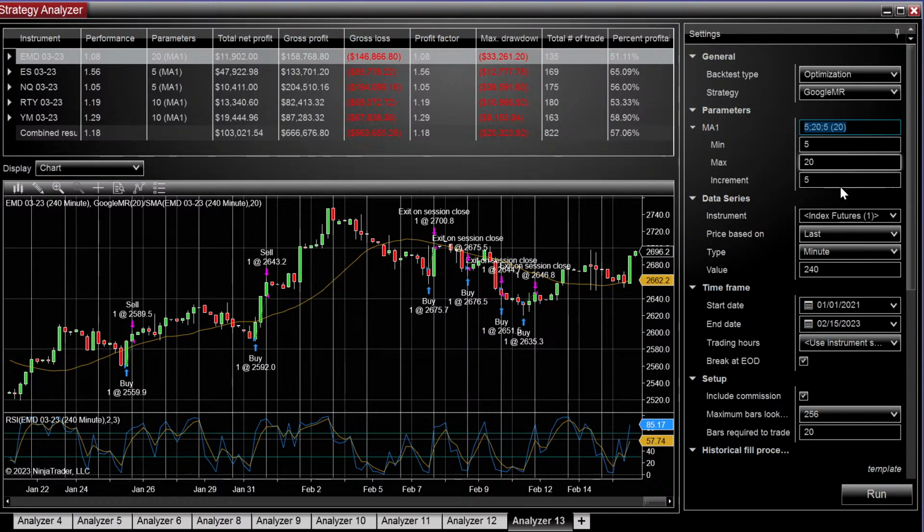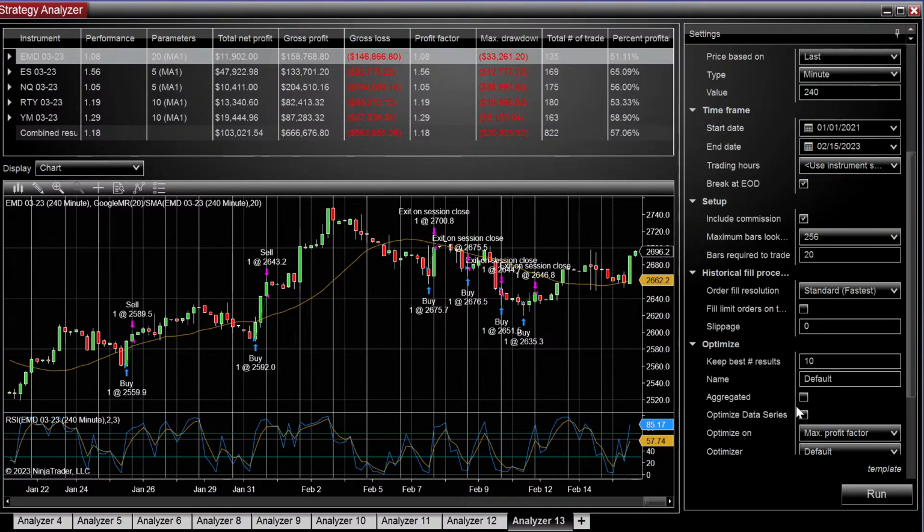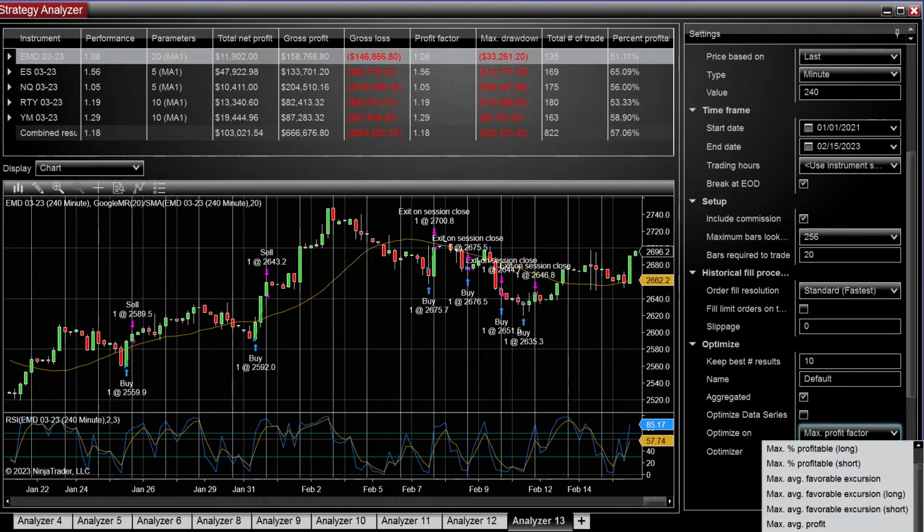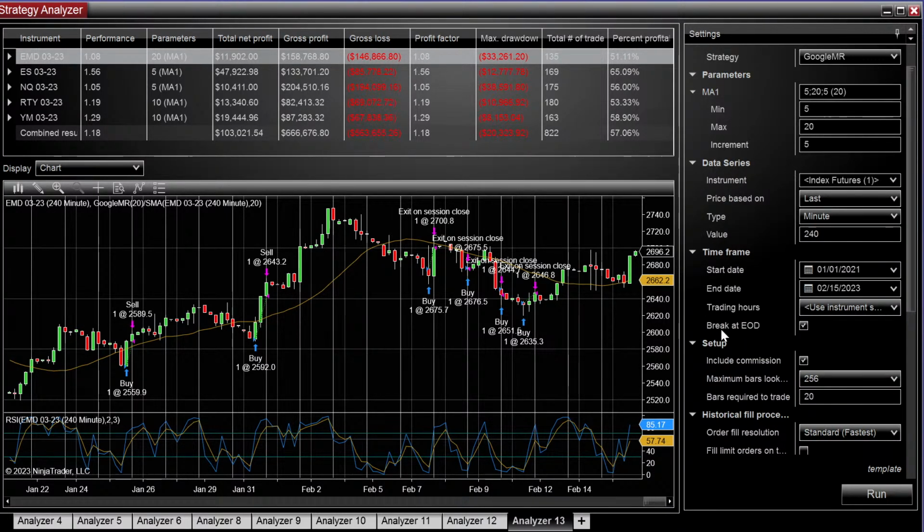But since we're going for a larger target, because our mean is farther away, we got better results. Oh, but I didn't aggregate. Made a boo-boo. I'm going to make sure we aggregate, and we can run that again.